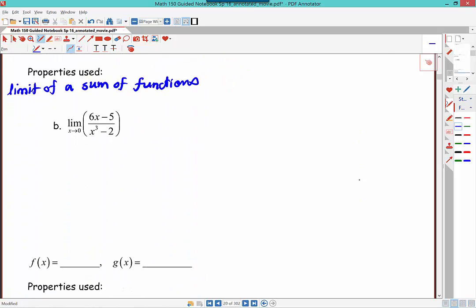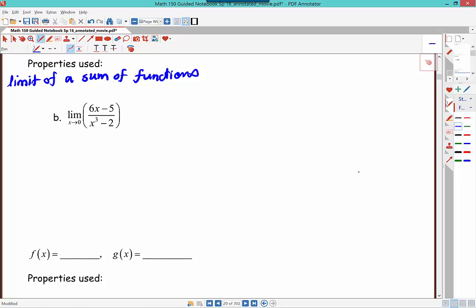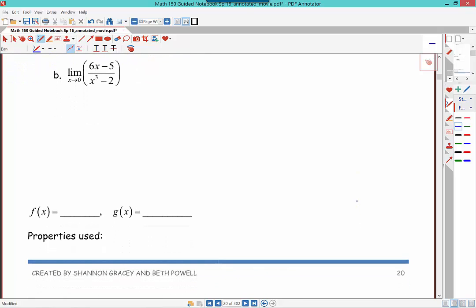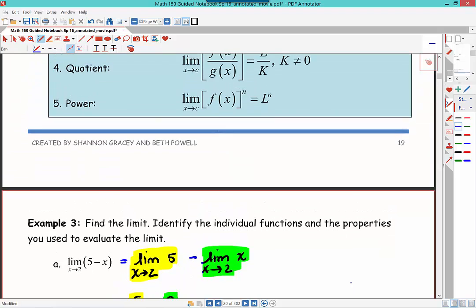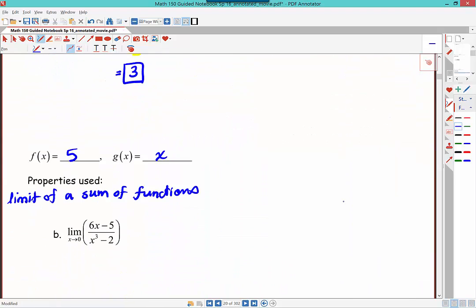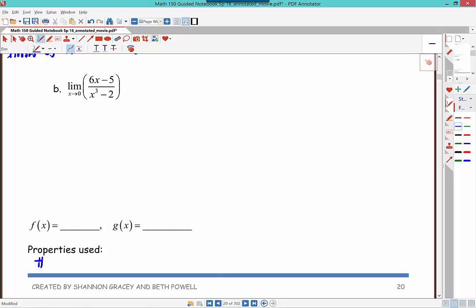Now, what about this guy? There's a bit going on here. First of all, we've got a quotient, which is number 4. So let's work with that one first.